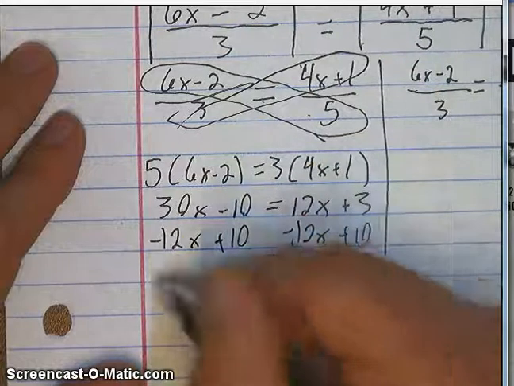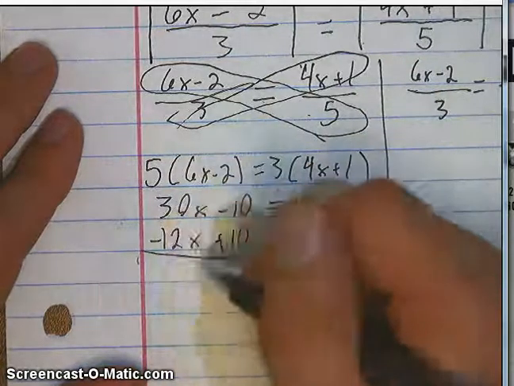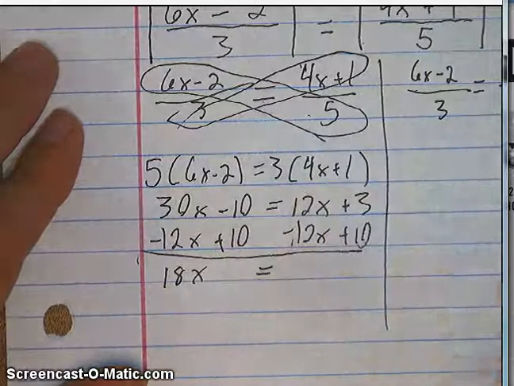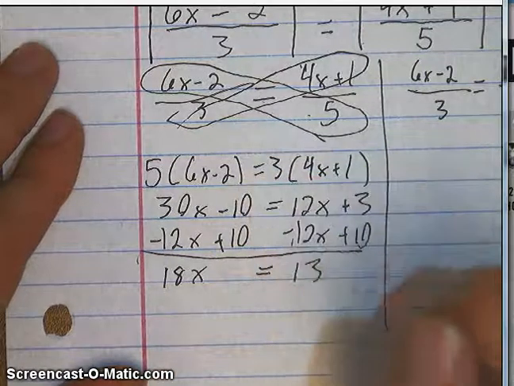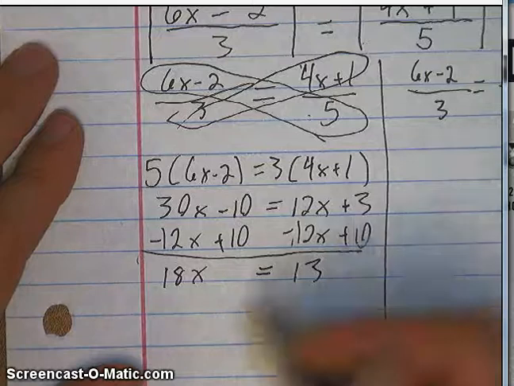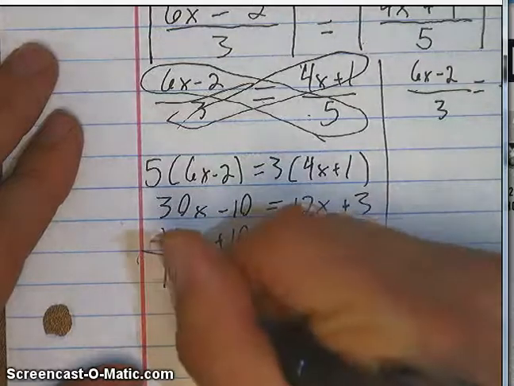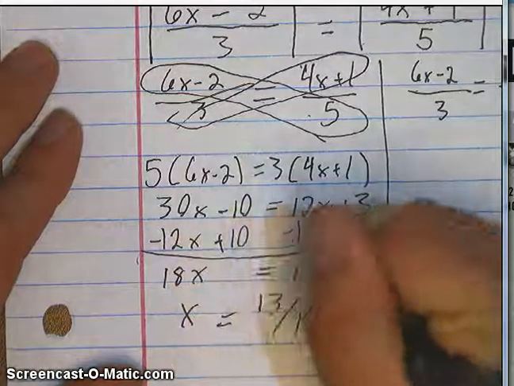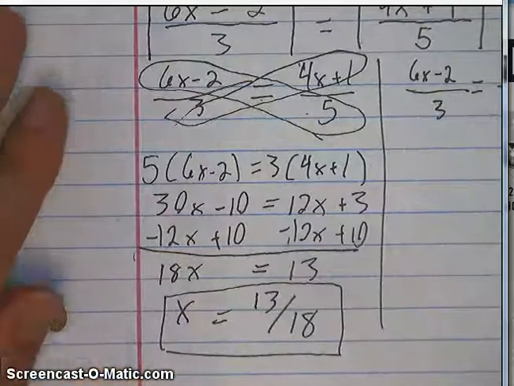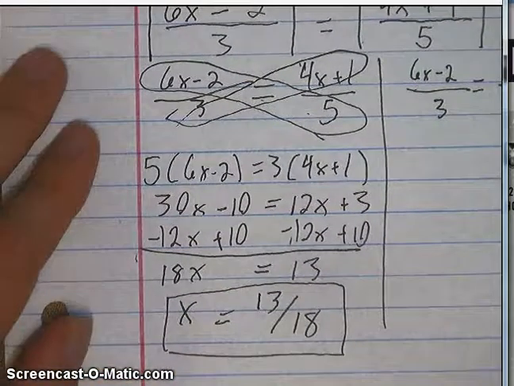I've got, what is that? 18x equals 13? That sounds right. And so to solve, we're just going to divide both sides by 18, so x equals 13 over 18. No need to simplify that into an ugly number. That's one of the two solutions.